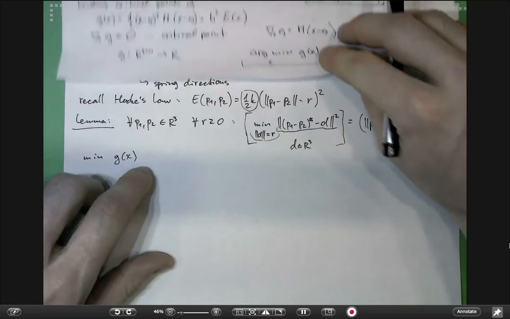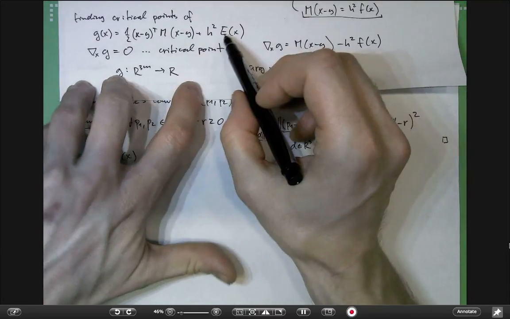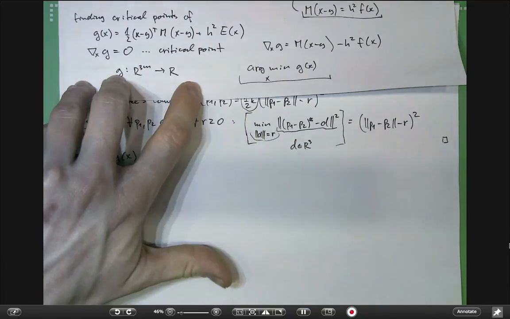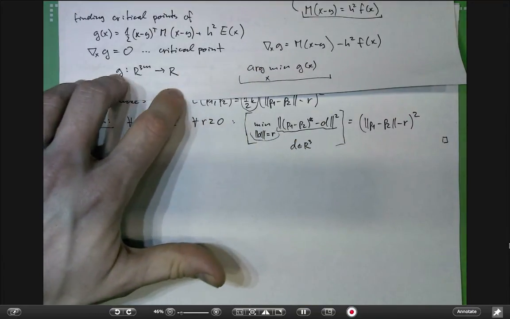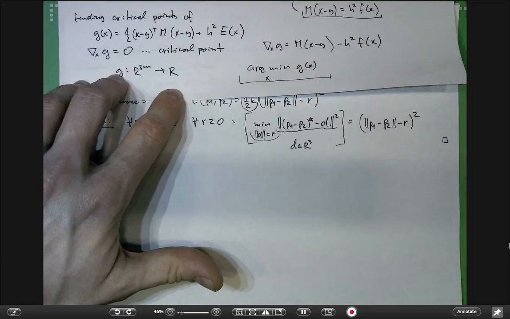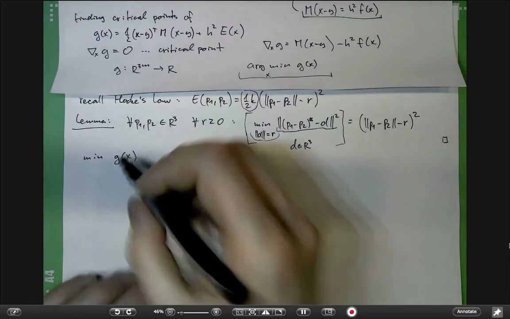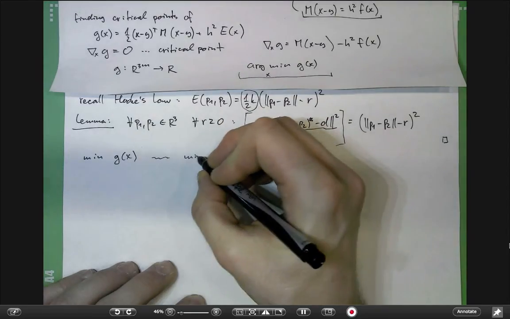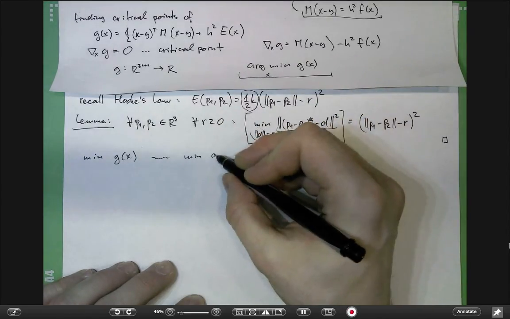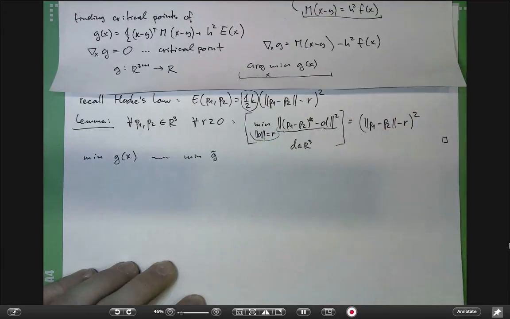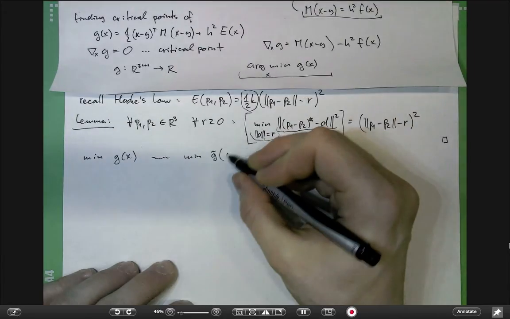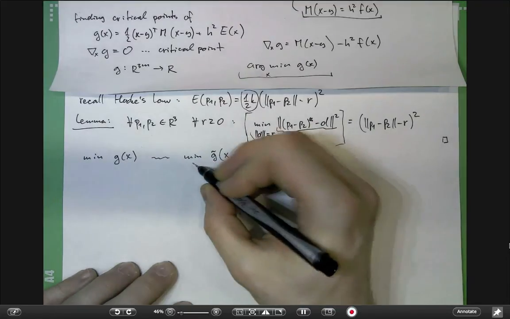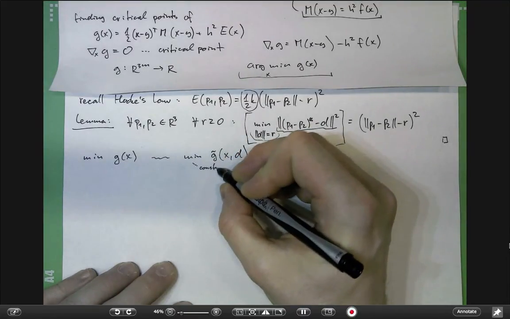And what I use this lemma for is for rewriting this E. So this minimization problem can also be written as minimizing some slightly different g, that's why the g tilde, which has variables x and d, subject to some constraints on d.